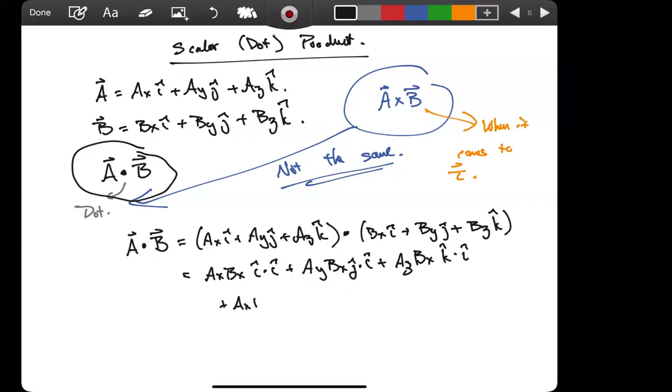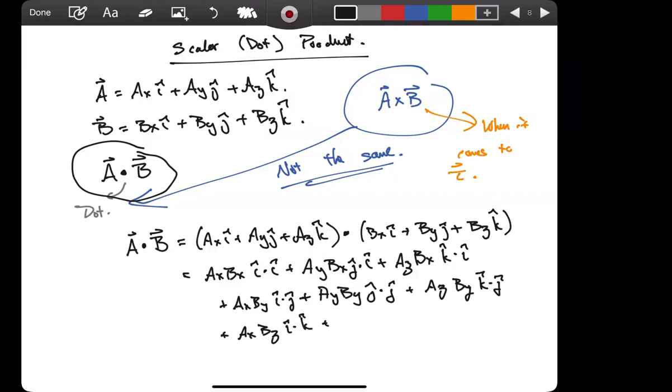So I'm going to get AX BY with an I hat dotted with J hat, plus AY times BY times J hat dotted with J hat, plus AZ times BY with a K hat dotted with a J hat. One more line, so plus AX times BZ with an I hat dotted with K hat, plus AY times BZ with a J hat dotted with a K hat, and then plus, finally, AZ times BZ with a K hat dotted with a K hat.